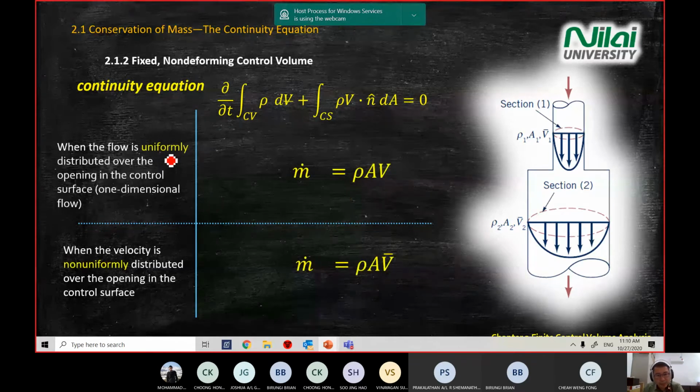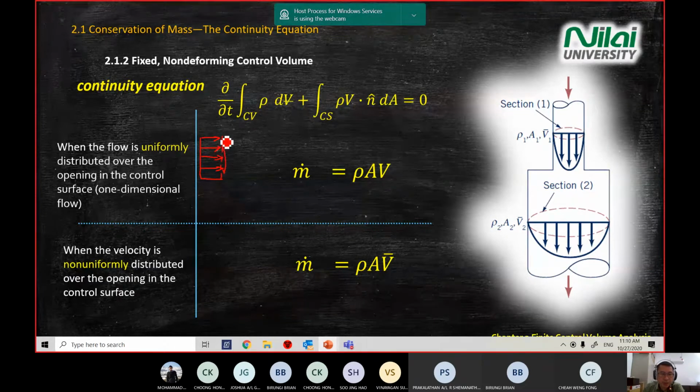The second keyword that you will most of the time see in the question is either uniform or non-uniform, or you see it from the diagram itself. Uniform means you will see a square box and arrows of the same magnitude.